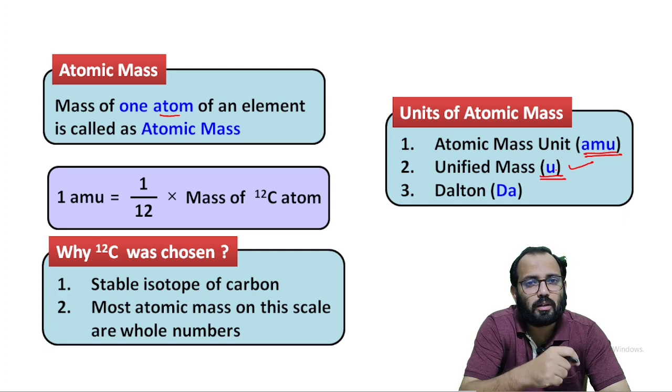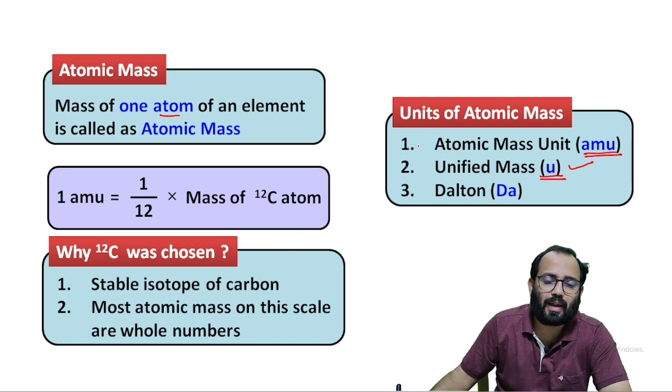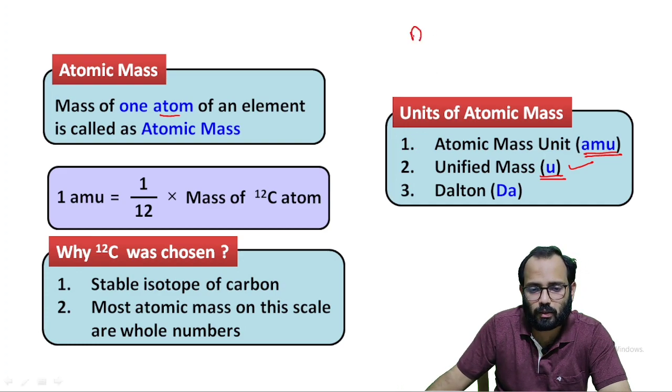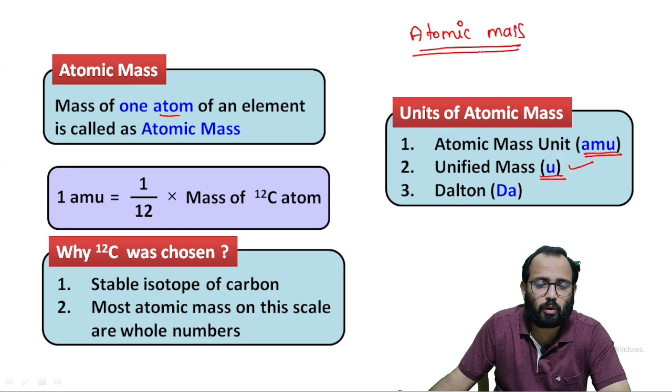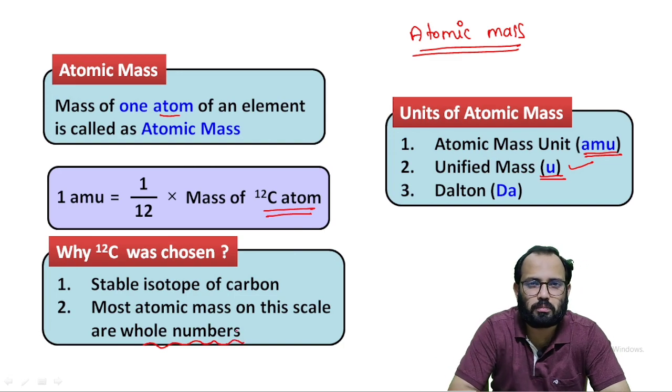And rather than that, in the periodic table we have plenty of elements. When we calculate the mass of all the other elements in the periodic table with respect to the carbon-12 atom, almost all the values come in whole numbers.